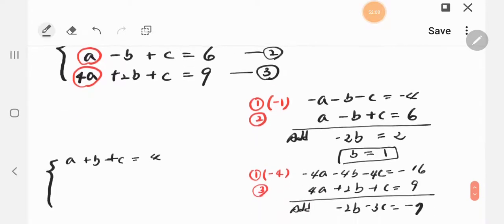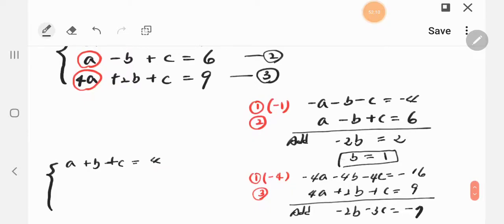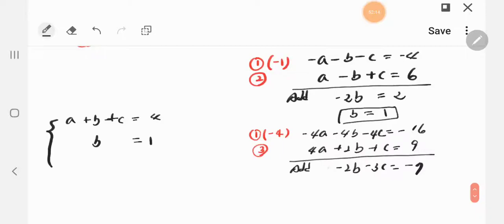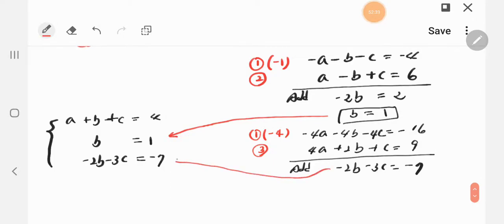The second equation will be replaced by b equals 1, and the third equation will be replaced by the last one, negative 2b minus 3c is equal to negative 7. So the second equation is replaced by this result, and the third equation by this equation.